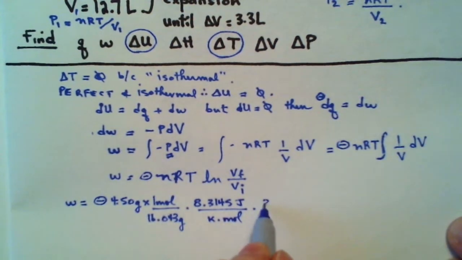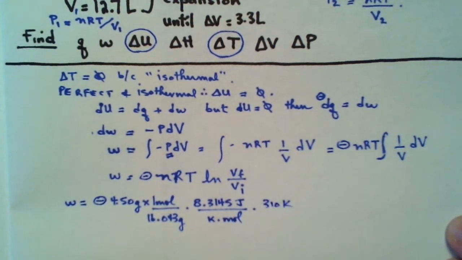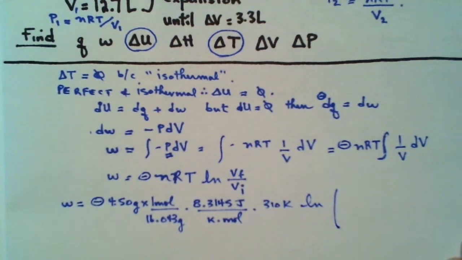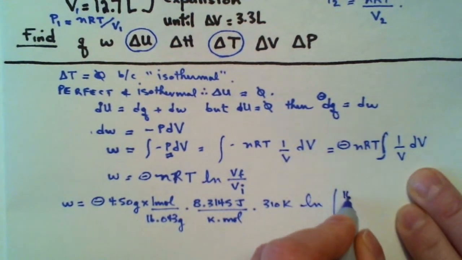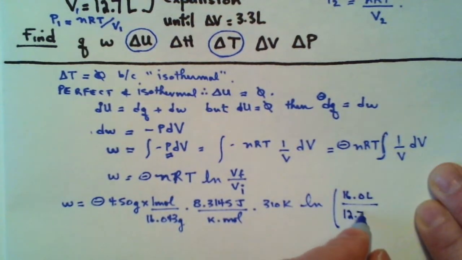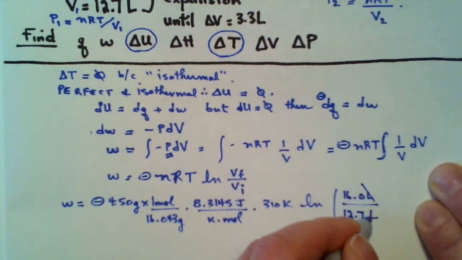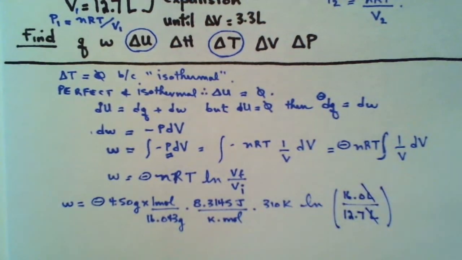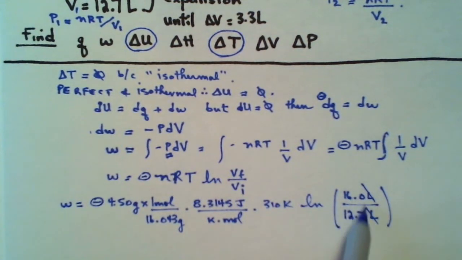The temperature is 310 Kelvin, and then I'm left with the ln, and the ratio is V2 over V1, so I have 16 liters over 12.7 liters. We want to make sure that you cross those out, because in principle you cannot take the natural logarithm of a number with its unit, so this is just a unitless ratio.